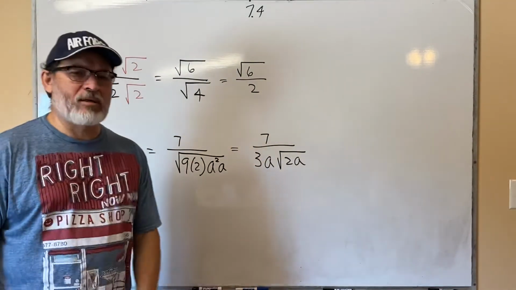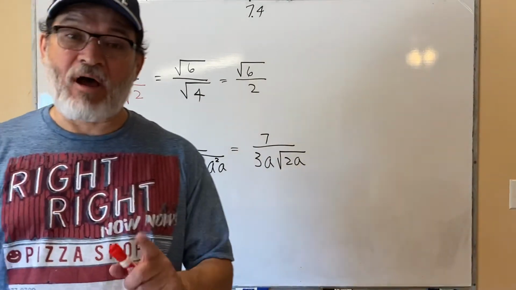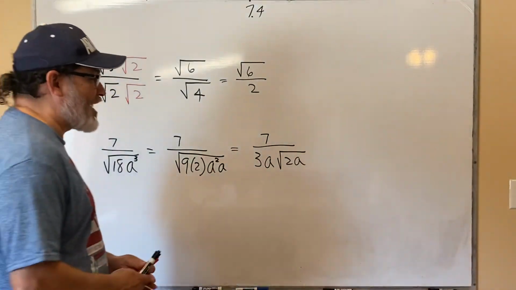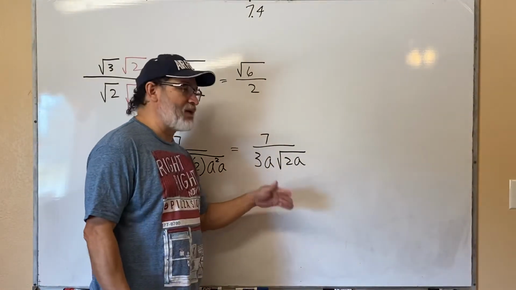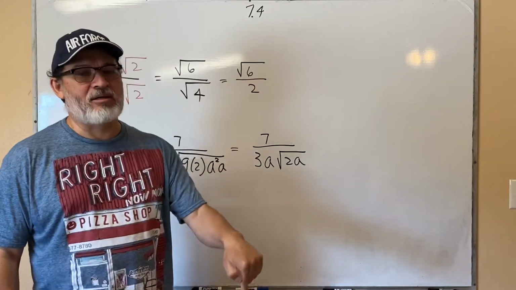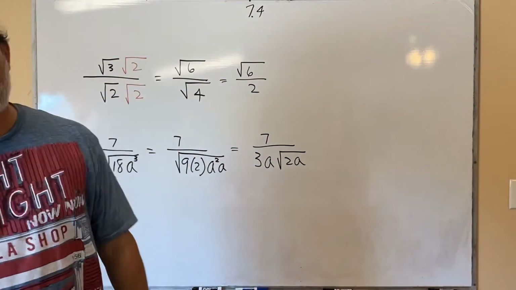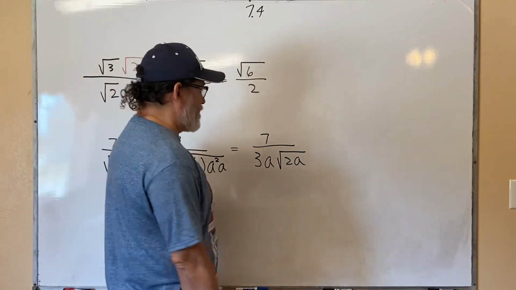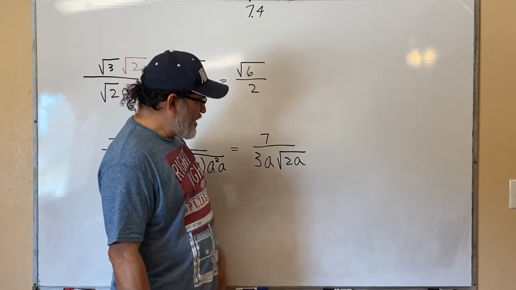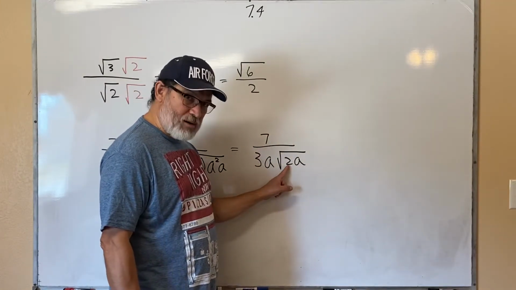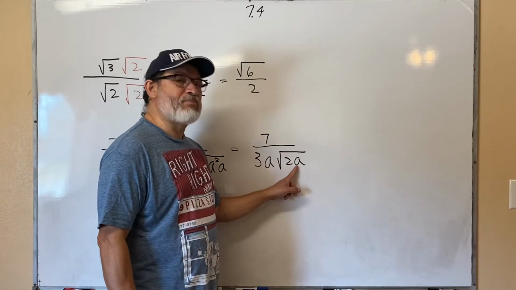What's the problem here? The problem is that we have this radical in the denominator. Well, no problem. I'm gonna make this a perfect square, and I'm gonna make that a perfect square.